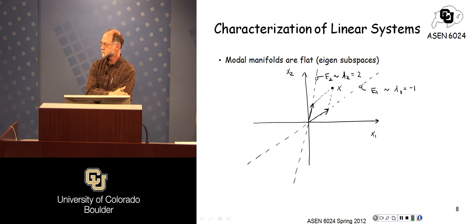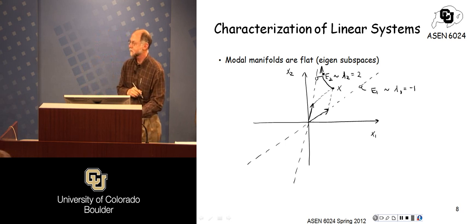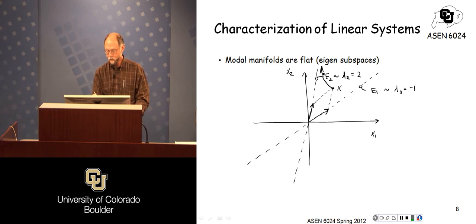So it looks like a curved line towards the E2 eigenspace. So I move like that. This component goes away. This component gets bigger. What about if I start over here? You'd be going down towards, yeah.